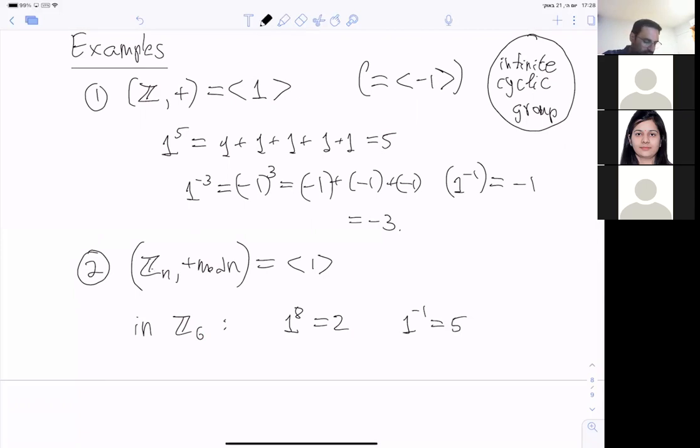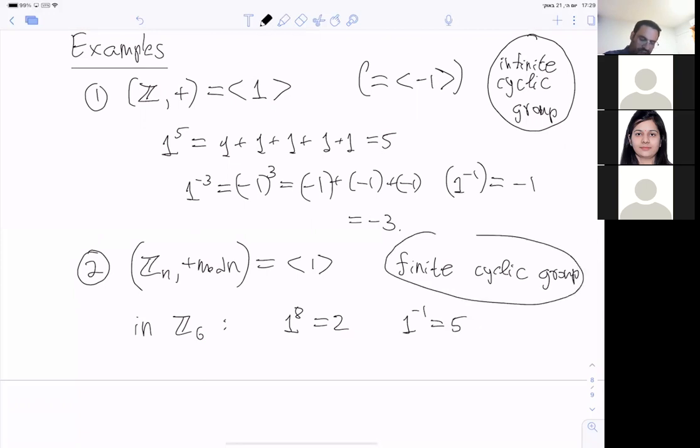So any Zn is a finite cyclic group. And we are going to see later that any finite cyclic group is actually isomorphic to such a group. So any cyclic group is either isomorphic to this group or this group.